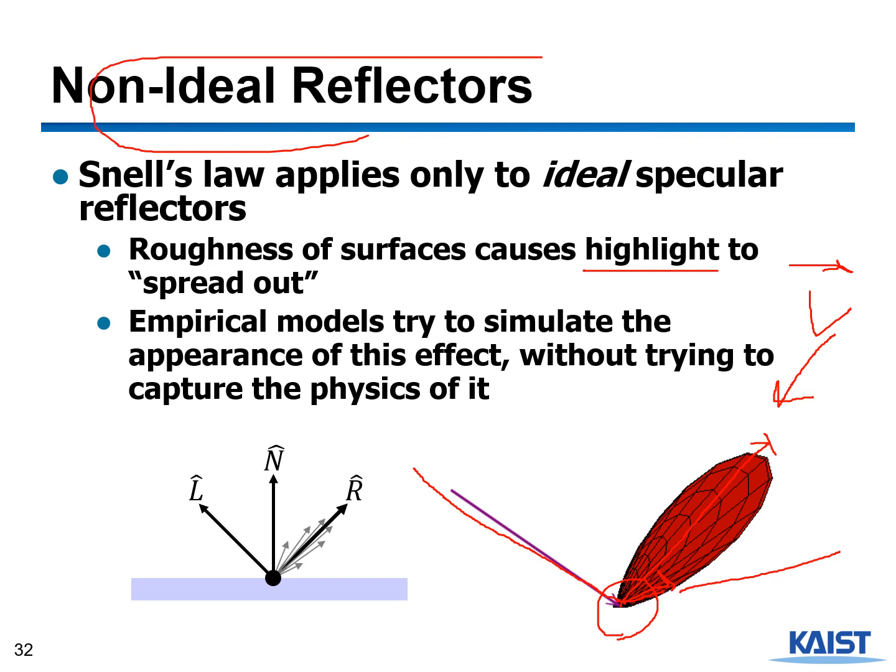A lot of cases have a non-ideal reflector, so we definitely need some sort of model that can represent the appearance of the non-ideal reflector. The empirical models try to simulate the appearance of this kind of effect without trying to capture the physics of it.